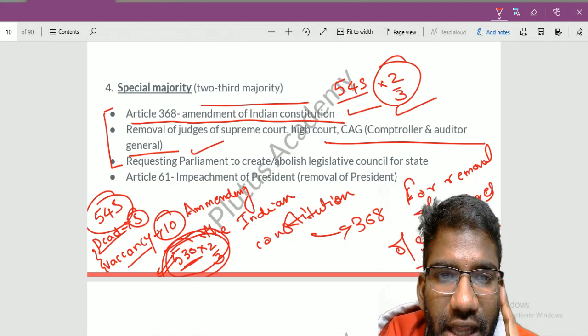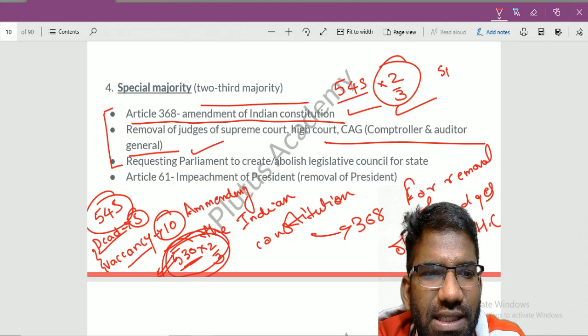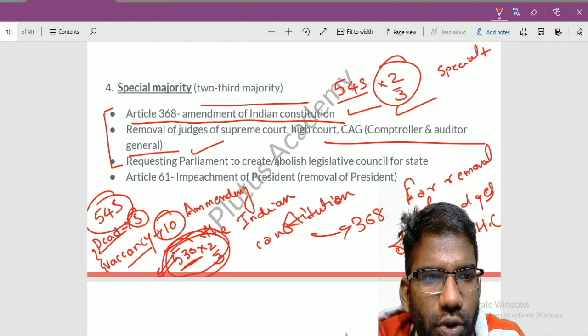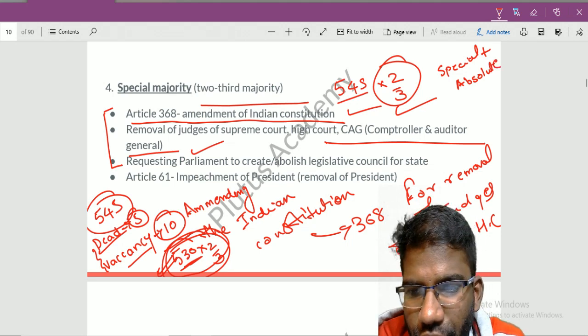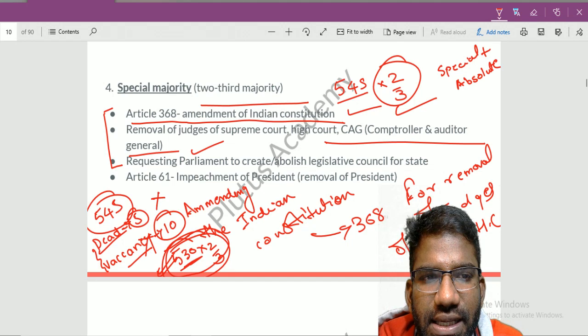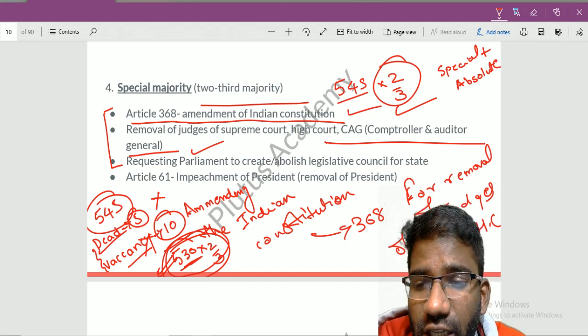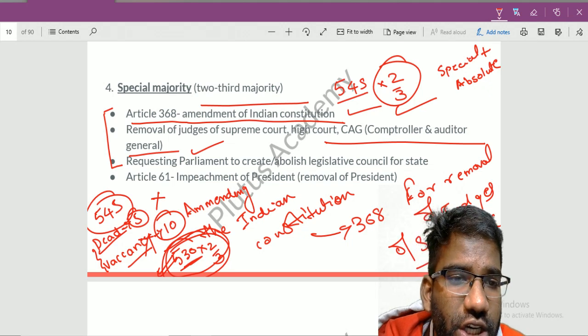But friends, there is another form of special majority, that is special plus absolute. In this, we won't exclude dead members and we won't exclude vacant seats. Every member of the house has to be counted. If certain members are dead or there is a vacancy, re-election needs to be conducted.